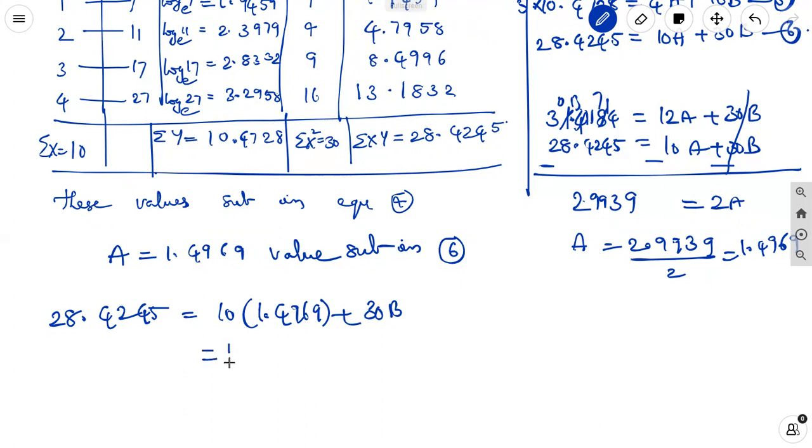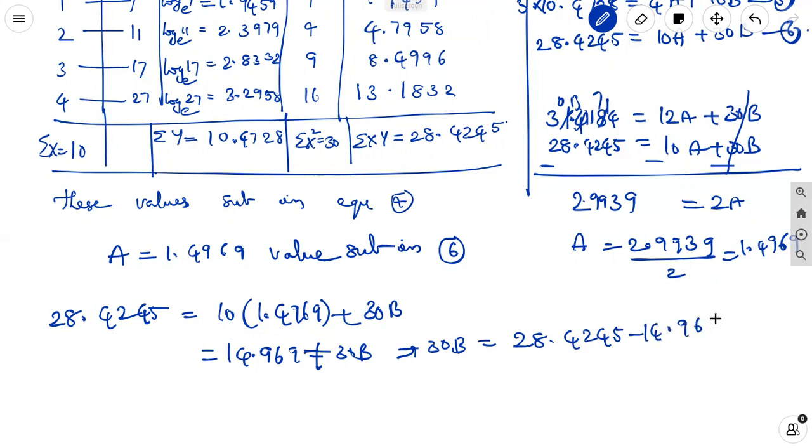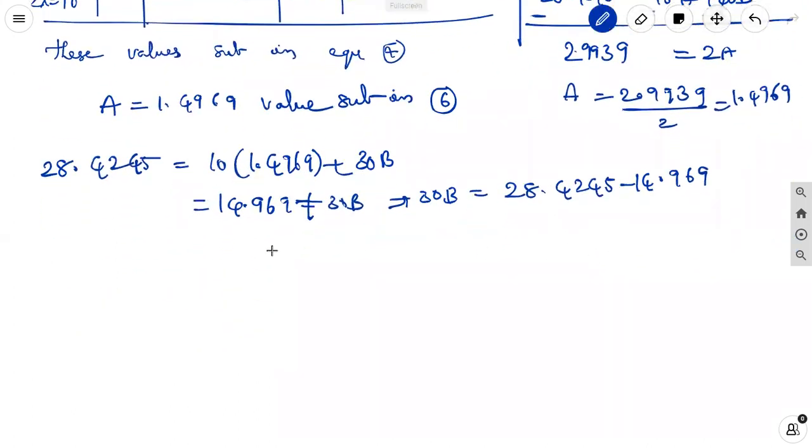It is equal to 14.969 plus 30B. From this, 30B equal to 28.4245 minus 14.969.